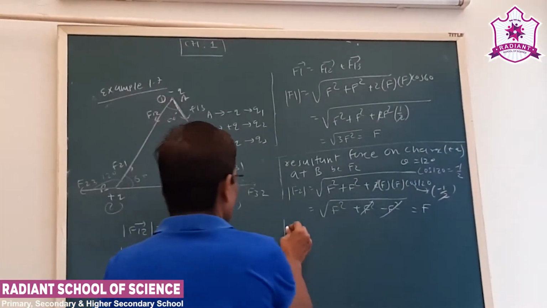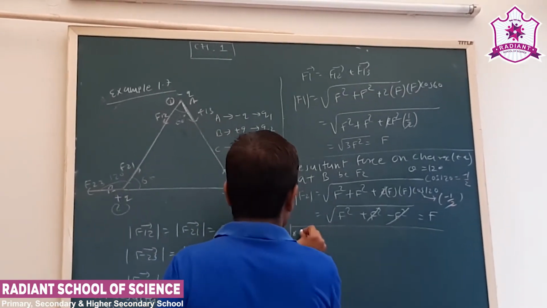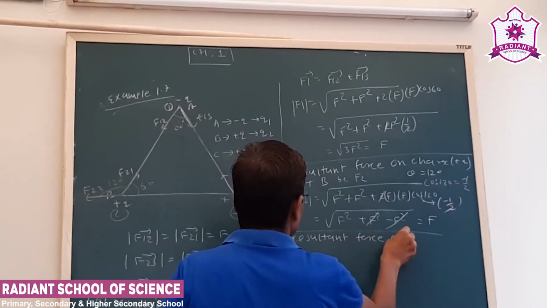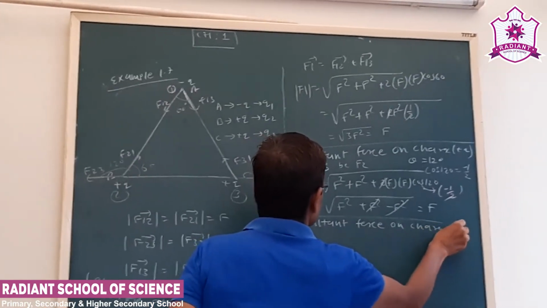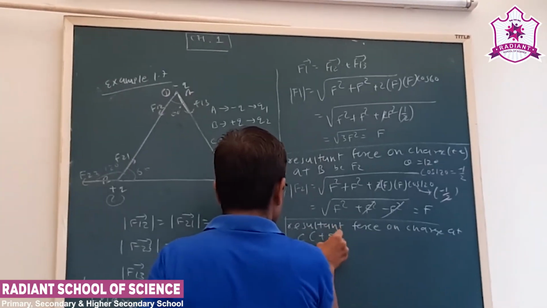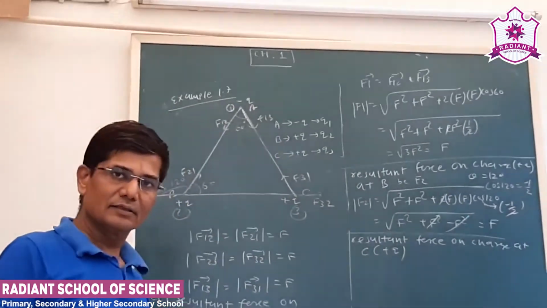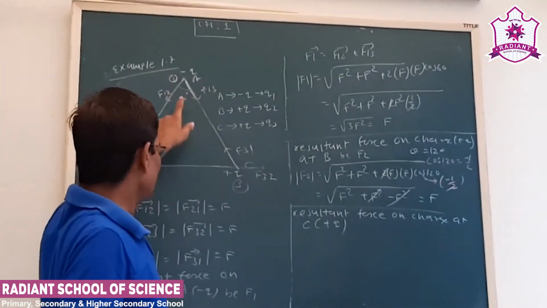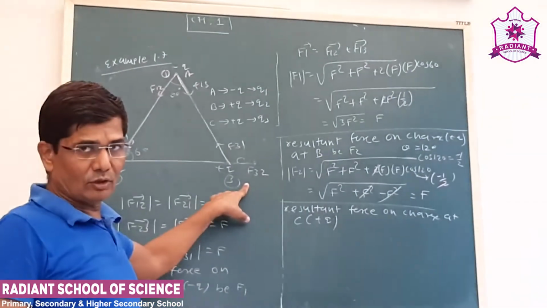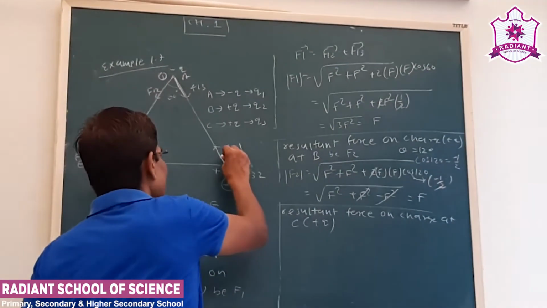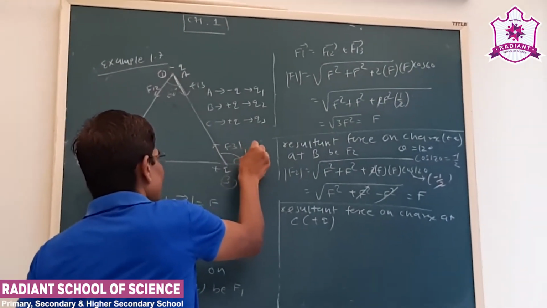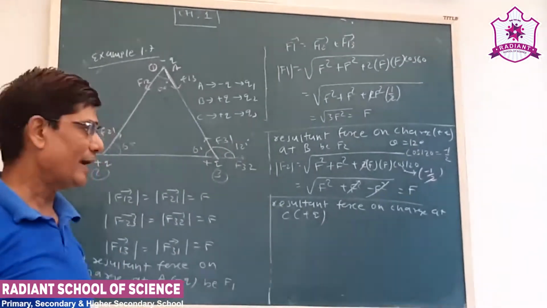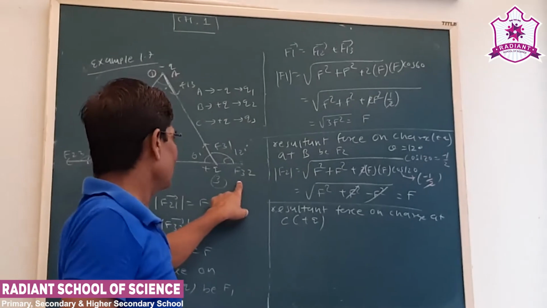Now, next is the resultant force on charge 3. What are the forces here? There is F31 of magnitude F, and F32 also of magnitude F. Again, the angle between them is 120. Why? This angle is 60 and this is making a linear pair. So the angle between F31 and F32 is 120.